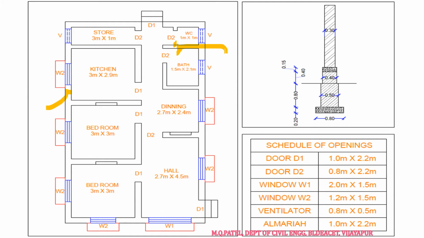So different wall thicknesses we have in this building. All the main walls are somewhat thicker, and this is also a thicker wall. Only the highlighted walls, these, are lesser in thickness, that is 0.2 meter. Others are 0.3 meter thick.